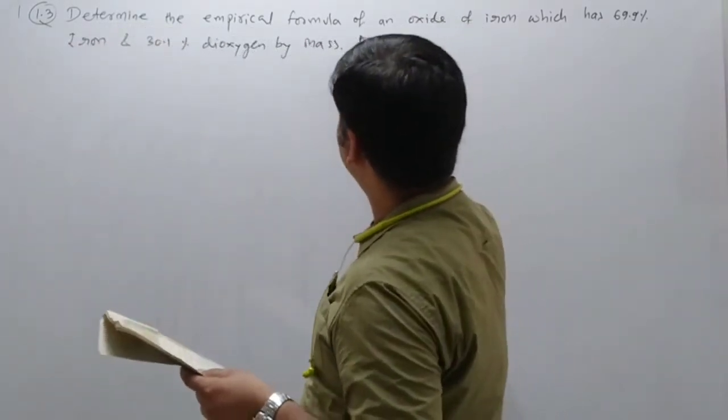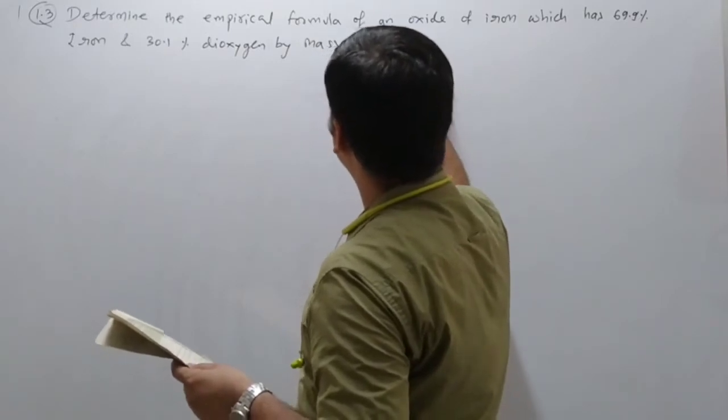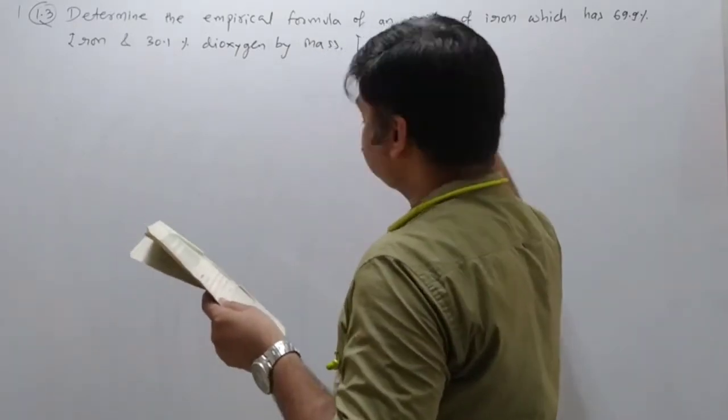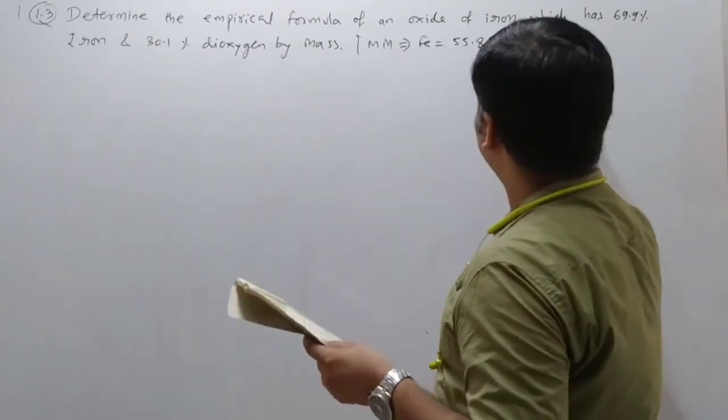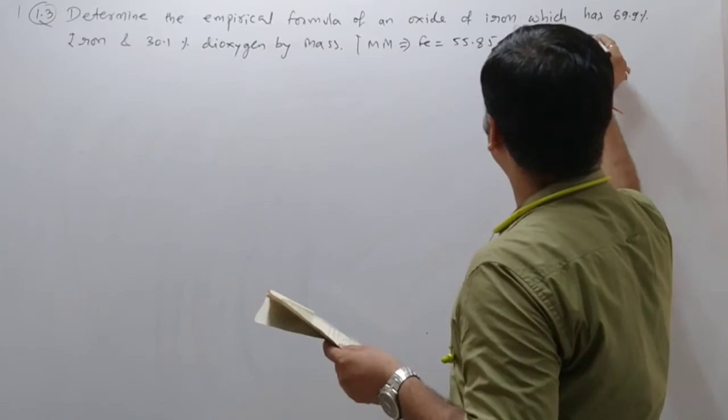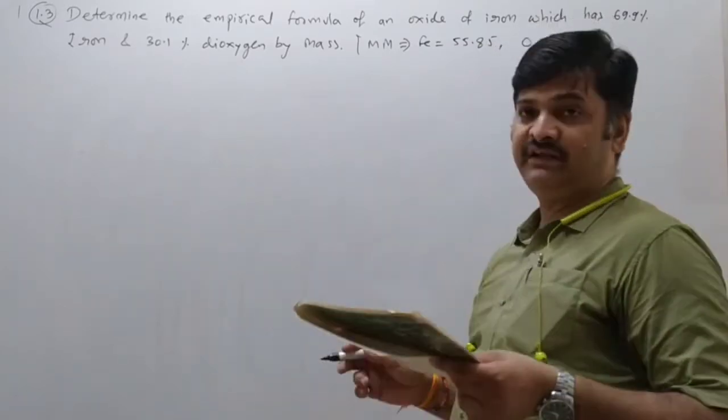And here the molar mass of iron is 55.85 and oxygen is 16.0. So this will be given.